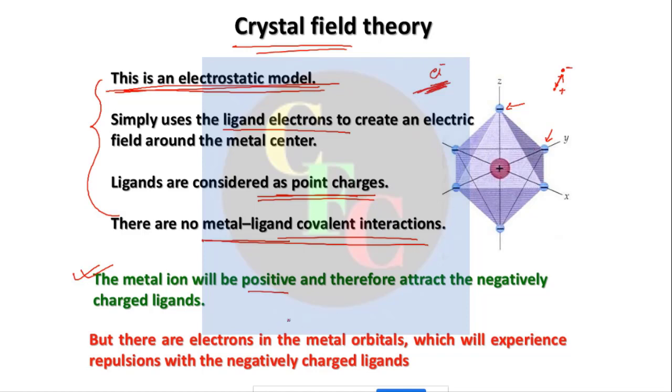But at the same time, it also considers the repulsion between the electrons of the ligand and the electrons of the metal itself, right? So that is also considered here. Now you see in detail what happens when the ligands approach the metal.